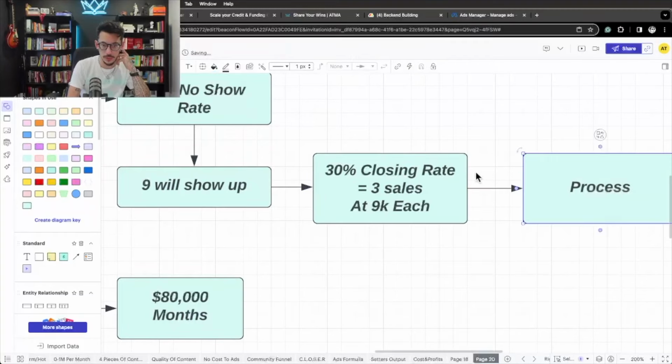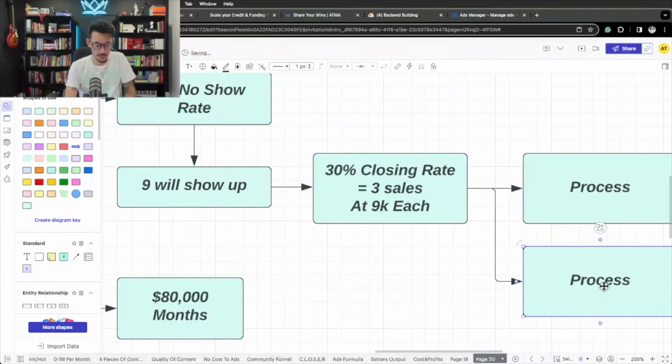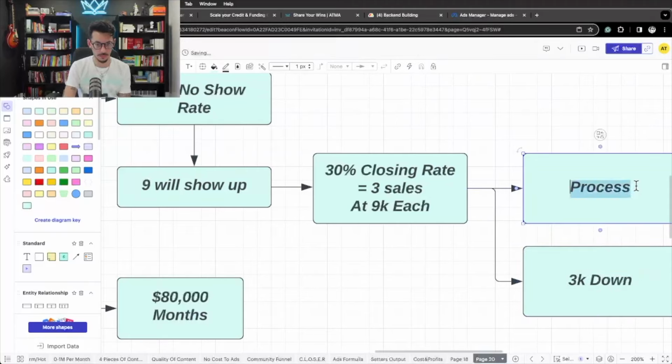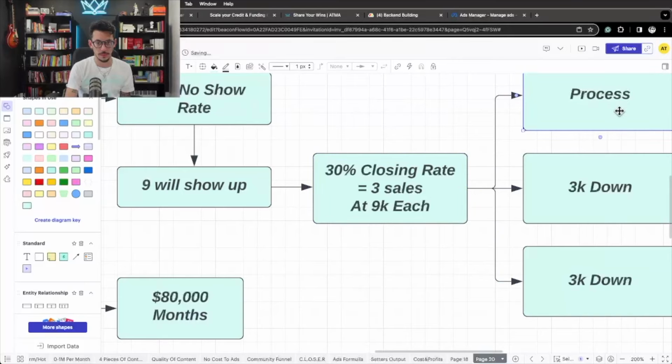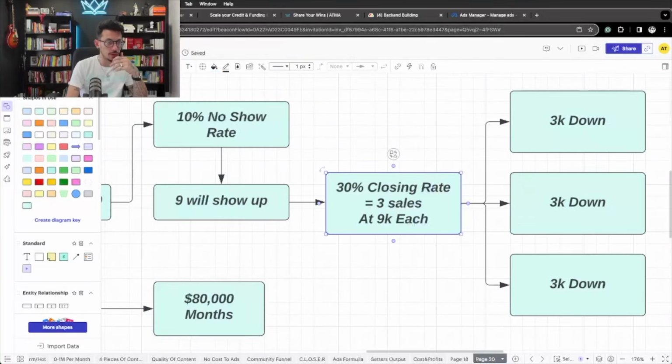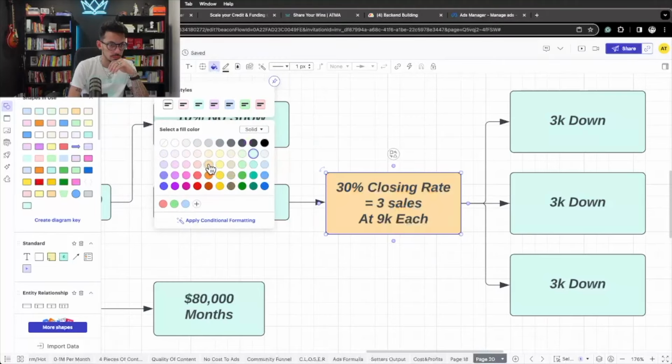And those three people all give you 3K down. So you close three people here, right?